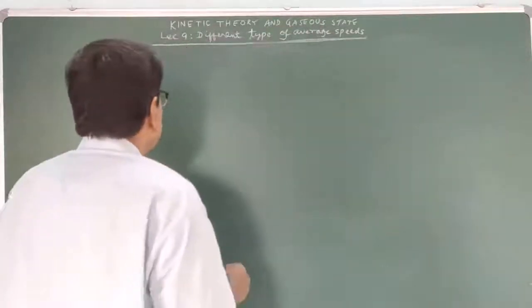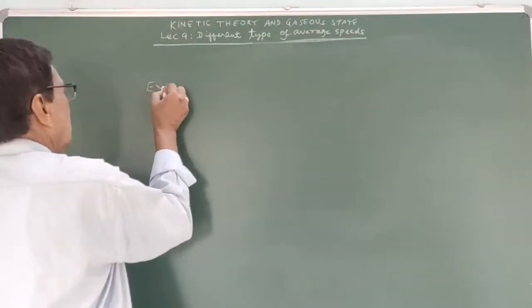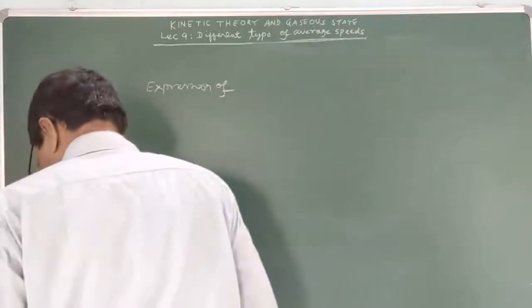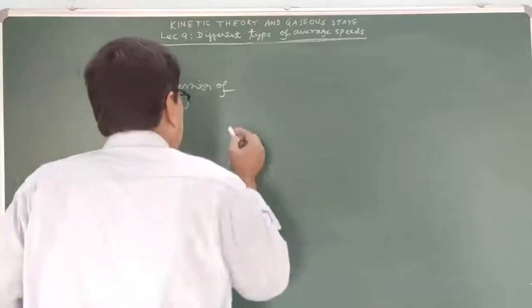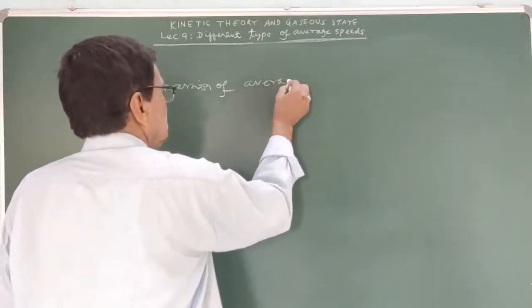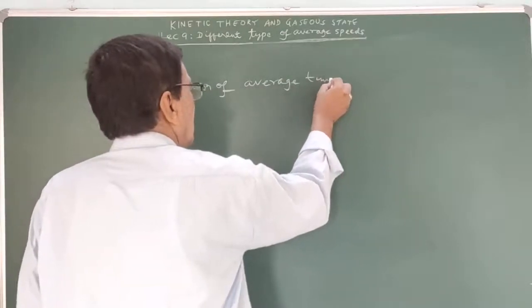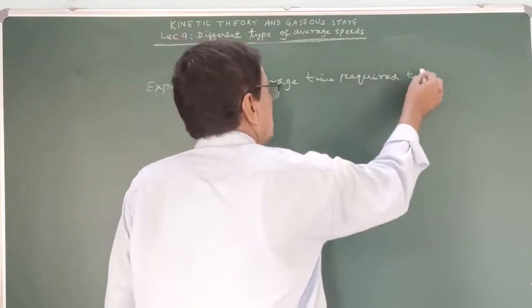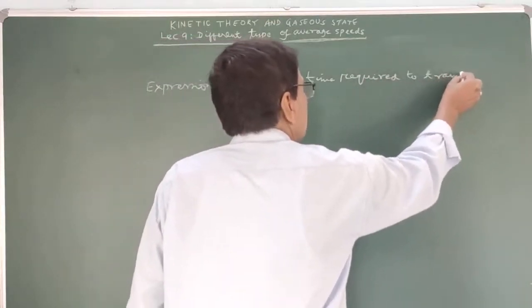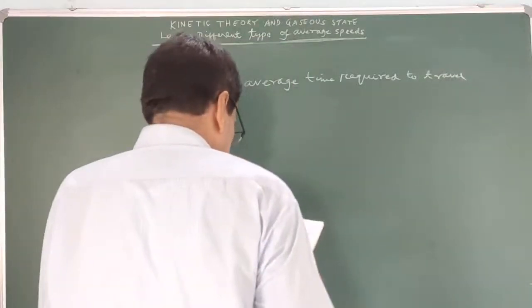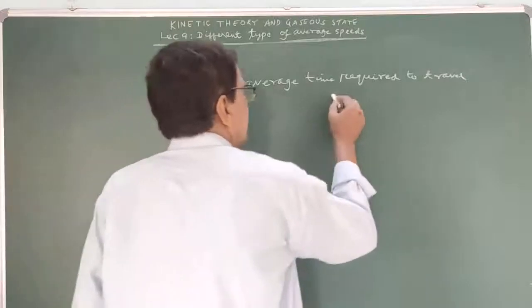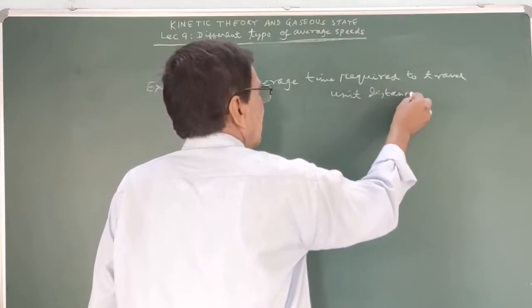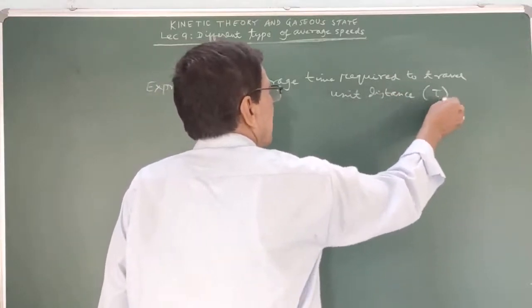Say one thing, the expression of average time required to travel unit distance, and it could be written as T bar.